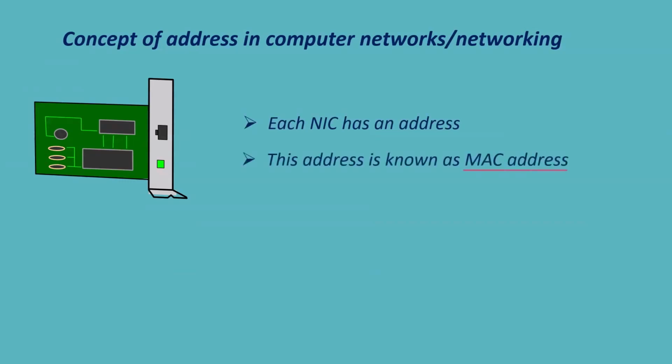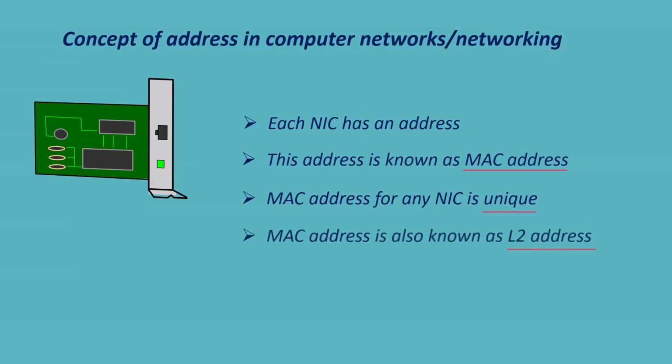This address is known as a MAC address. Remember, Alice had a computer, Bob had his computer, and both the computers have their NIC cards. So each NIC card has a MAC address. A MAC address for any NIC is unique. No two computers in the world can have a NIC card that has the same address.